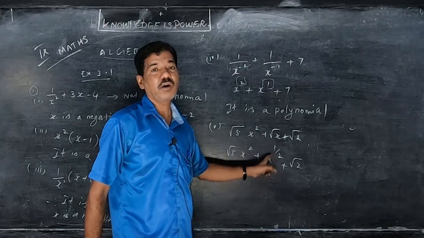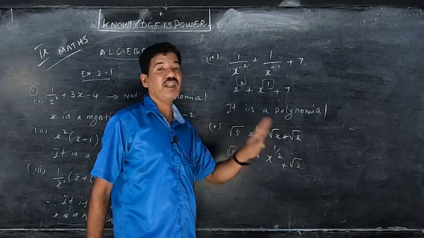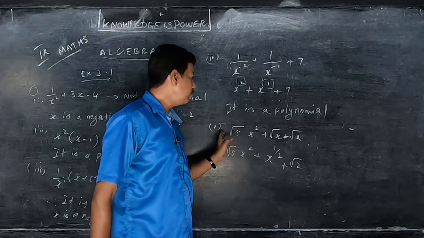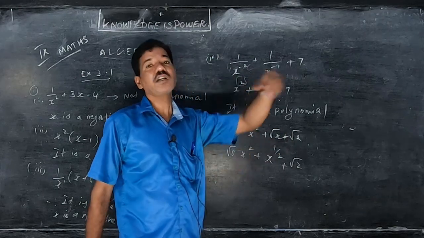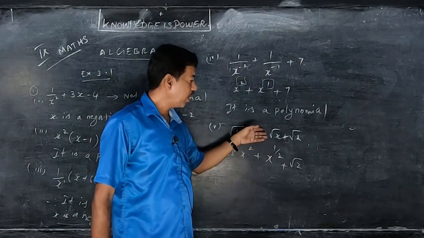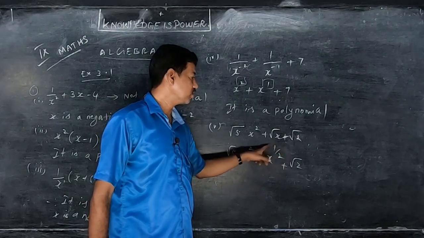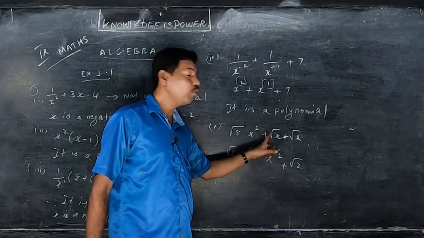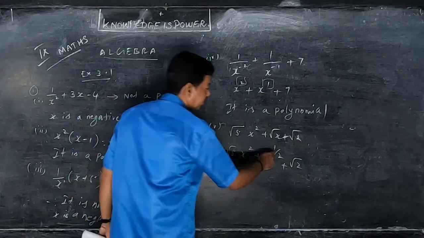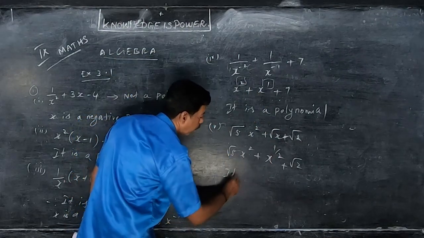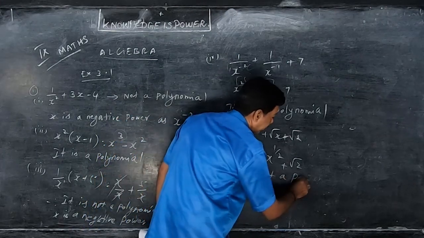Simply by seeing the question we might think it is a polynomial. But once you convert it in the next step, it becomes a fraction. Already I told that the root value will be a half. That's why I wrote it here. Now it is not a polynomial.